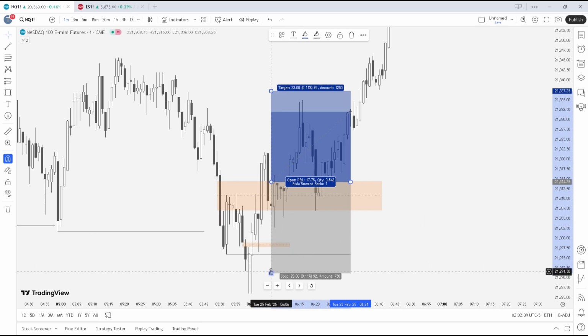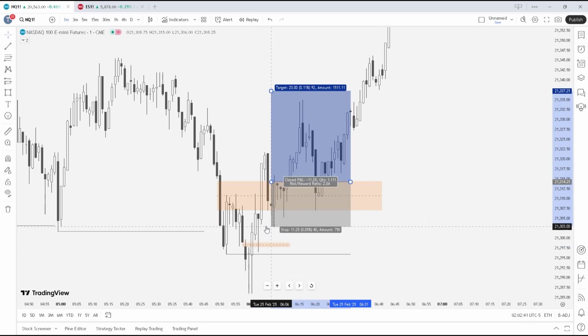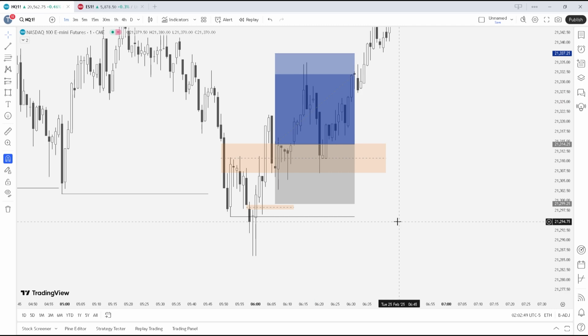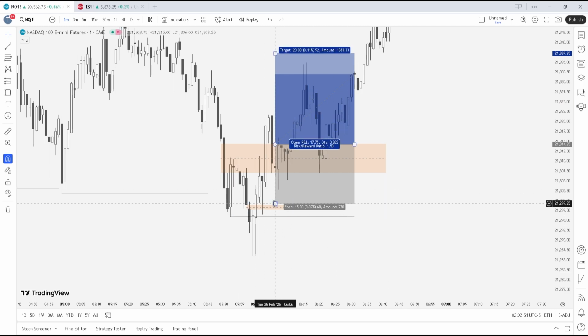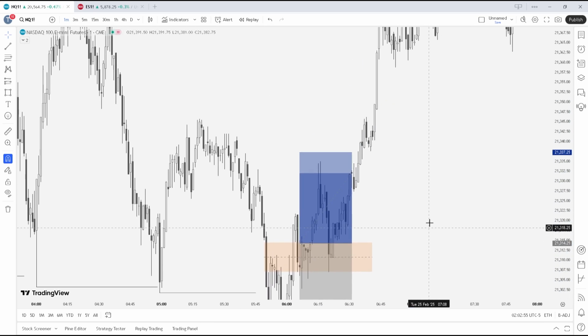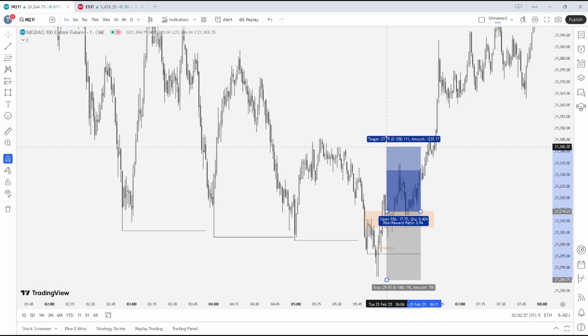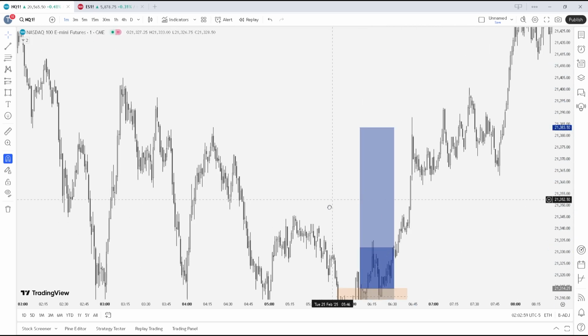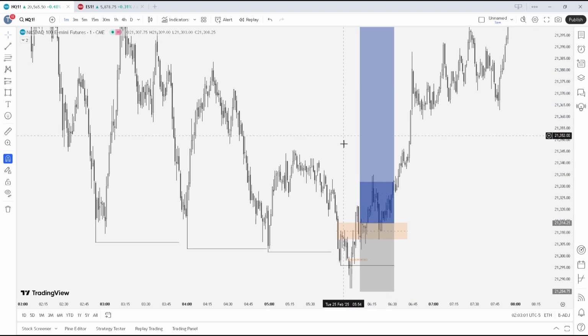If you wanted to enter off of a BPR with the stop below the candle, you would have gotten stopped out. So I guess a good stop would be either below this inversion or just at the swing low. Since if you target all the way up here, your RR isn't very bad, right?